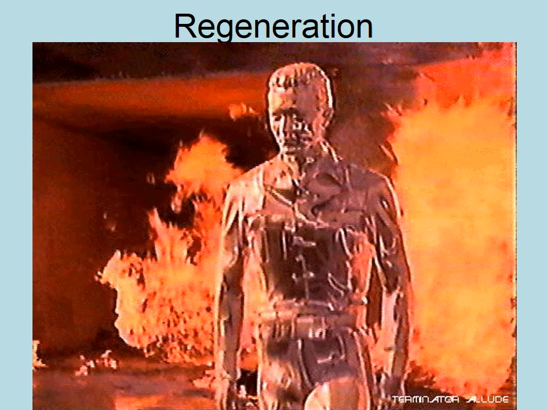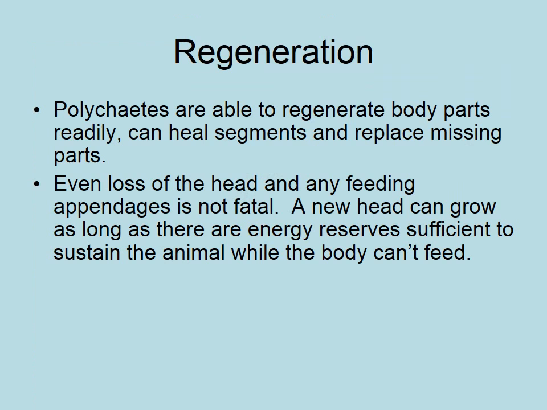Polychaetes are amazing at regeneration. If you remember this scene from the Terminator, when all of the parts of this Terminator oozed back together after he was blown up, frozen and then blown up by Arnold Schwarzenegger. You've probably heard that you can cut an earthworm in half and both parts will grow a new earthworm.